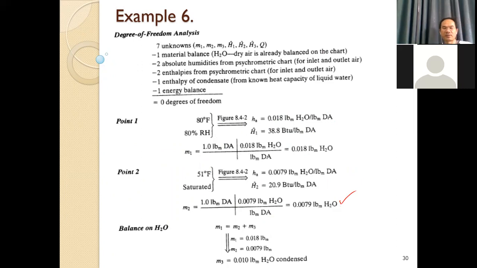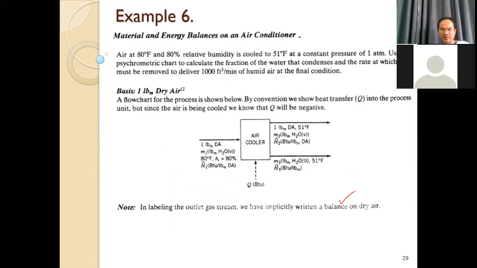Okay, the next step. For this case, we balance on water. For this system, we assume the inlet and outlet flow rates are continuous. This is steady state, and there is no chemical reaction. Water is still water, only phase change. Air is still air. No generation, no consumption.